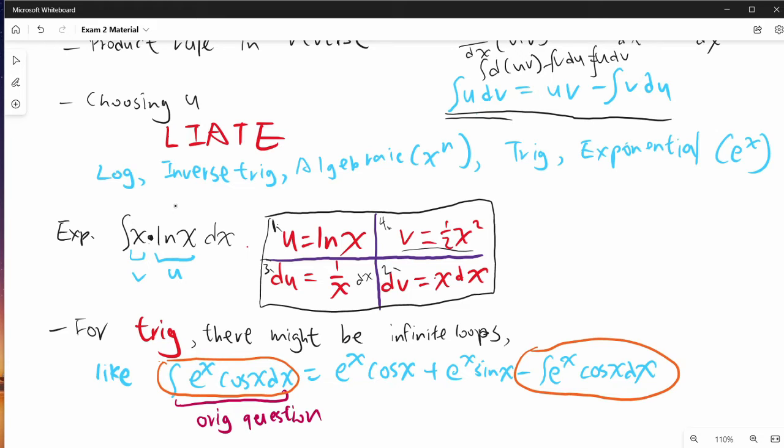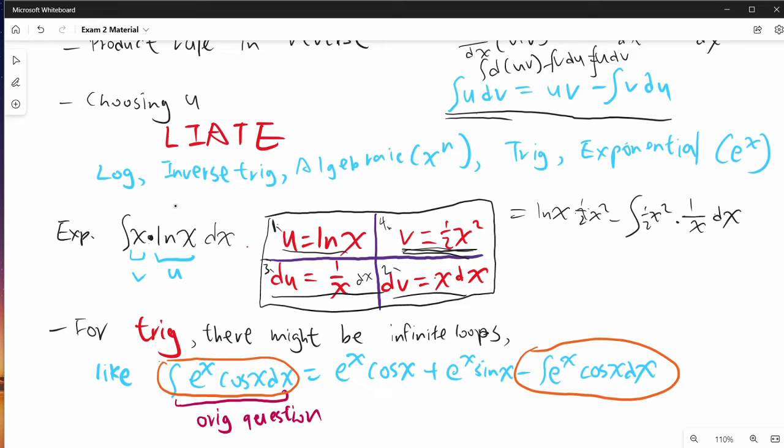Then the integral equals u times v. So I have u, I have v: ln x times 1/2 x squared, that's uv, minus the integral of v, 1/2 x squared, times du, which is 1 over x dx.